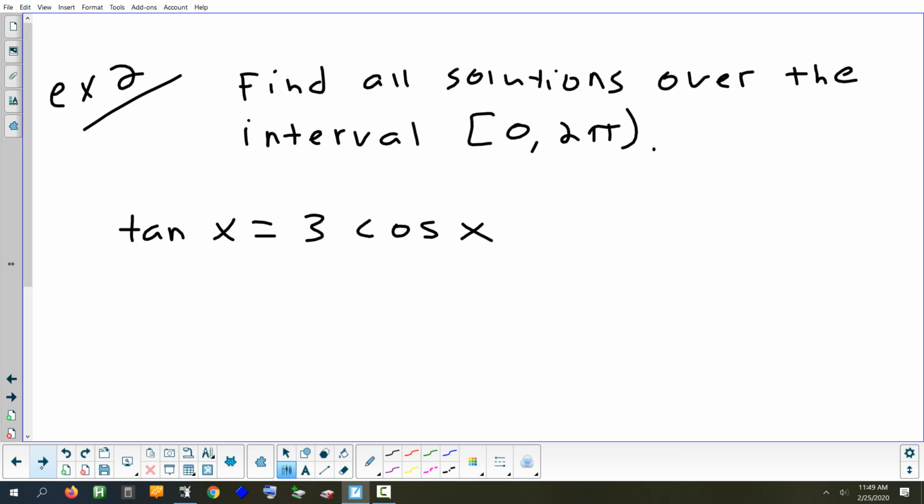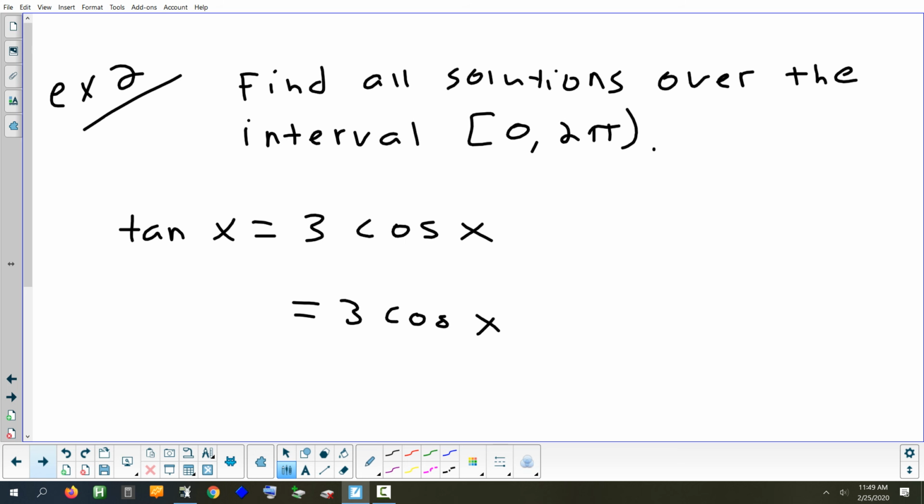That's a trick we've used before, so let's try it here. Do I have to change anything on the right to make it what Jared just said? No. How about on the left? How can you write tangent in terms of sines and cosines?